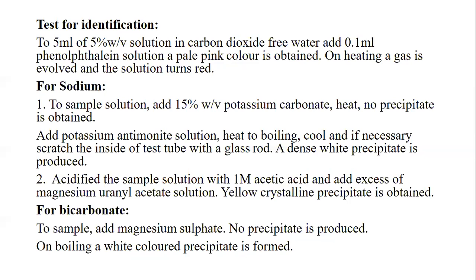When you add this solution, a pale pink color is obtained. On heating, a gas is evolved and the solution turns red. So if you get this pale pink color and red color, then you can identify that what you have is sodium bicarbonate powder itself. So this is one test.